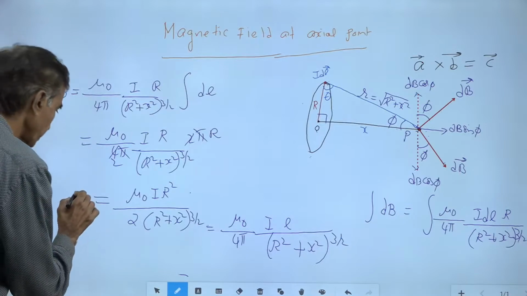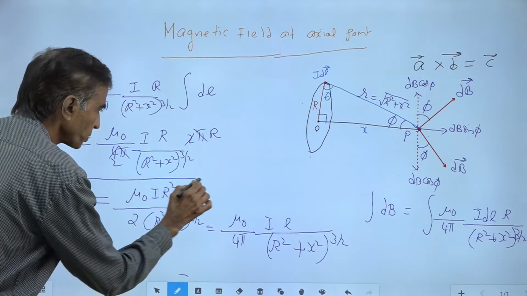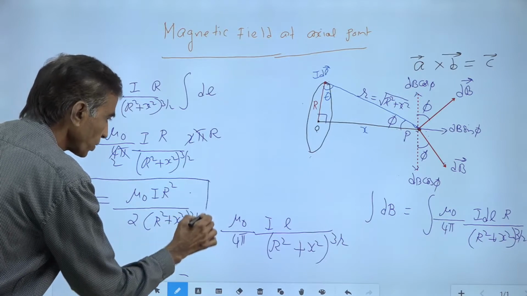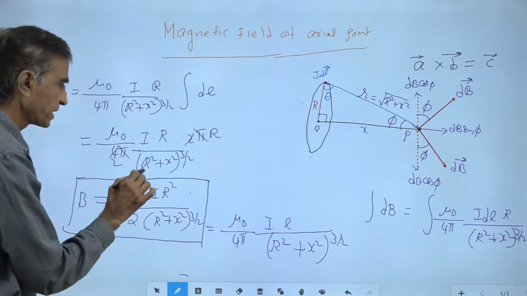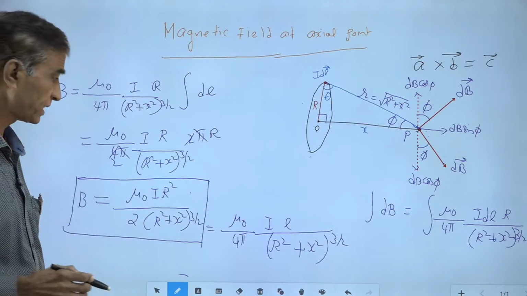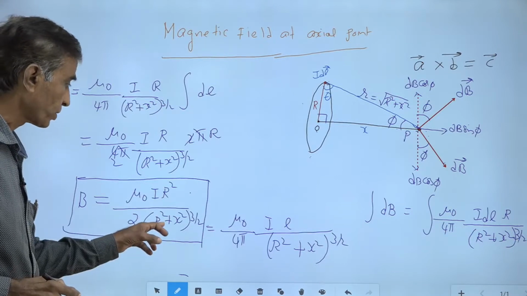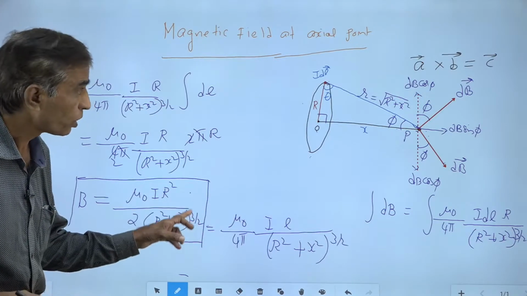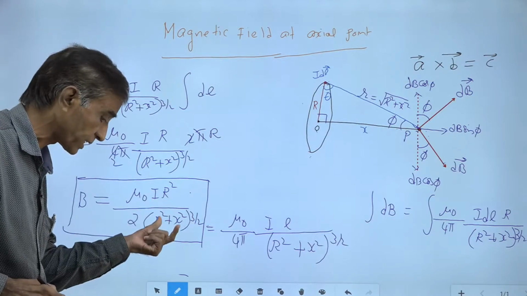So this is the magnitude of the magnetic field due to a current carrying loop at an axial point at distance x: mu naught into I into r square by 2 into r square plus x square whole power 3 by 2. Here the symbols are very important.